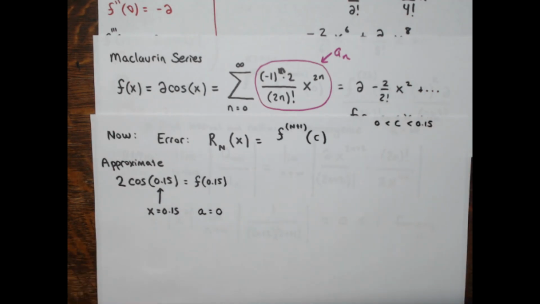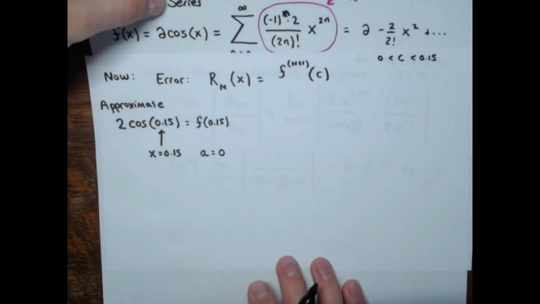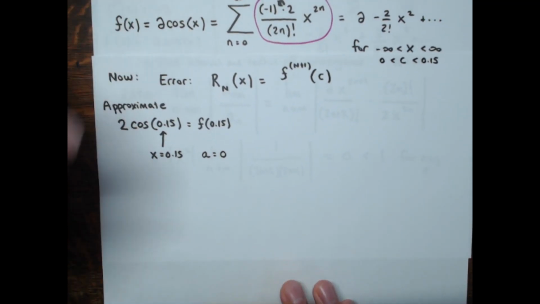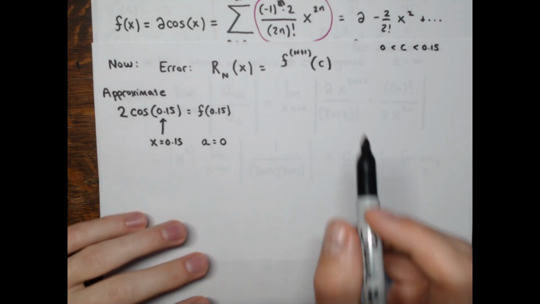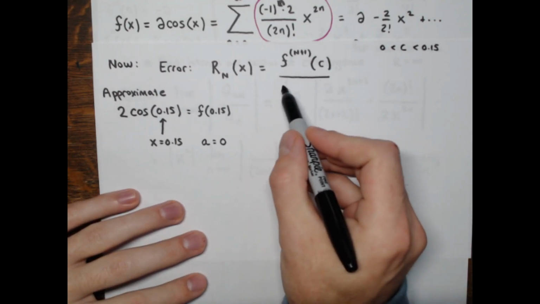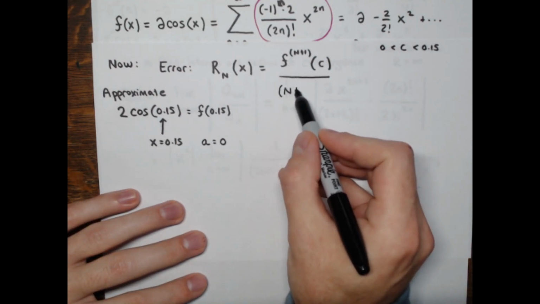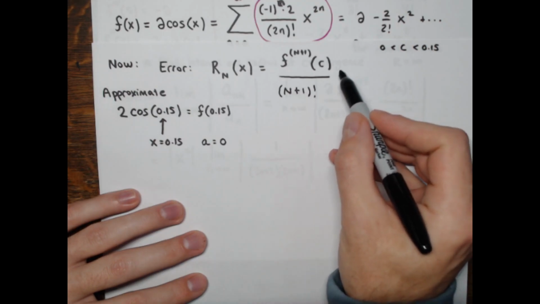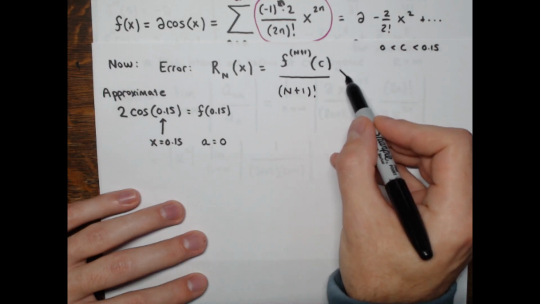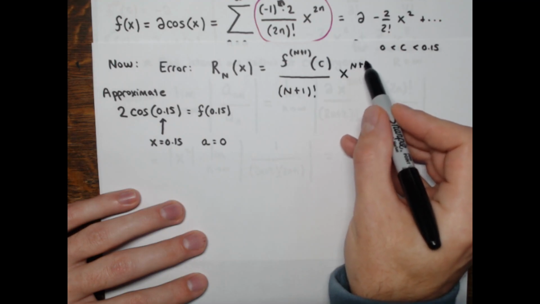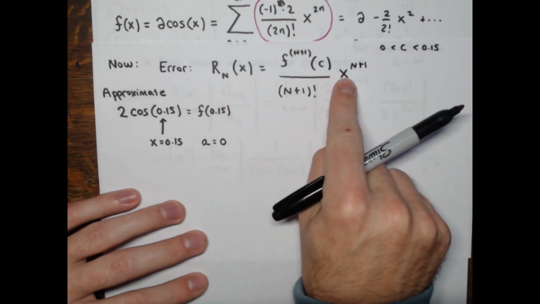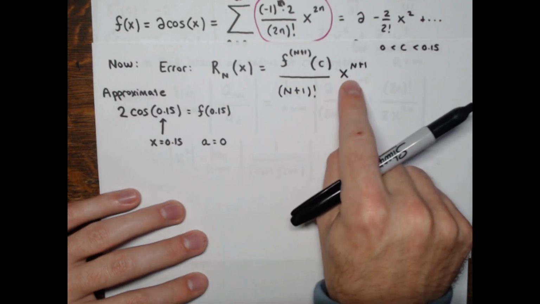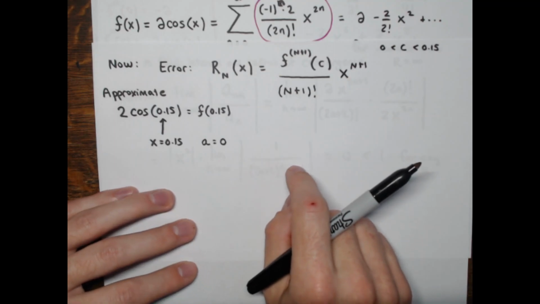C would have to be some value between 0 and 0.15. Divided by n plus 1 factorial, and then times x to the n plus 1. Now we're going to replace x with 0.15 here in a second. Again, a was 0, so that's why this is just x to the n plus 1.